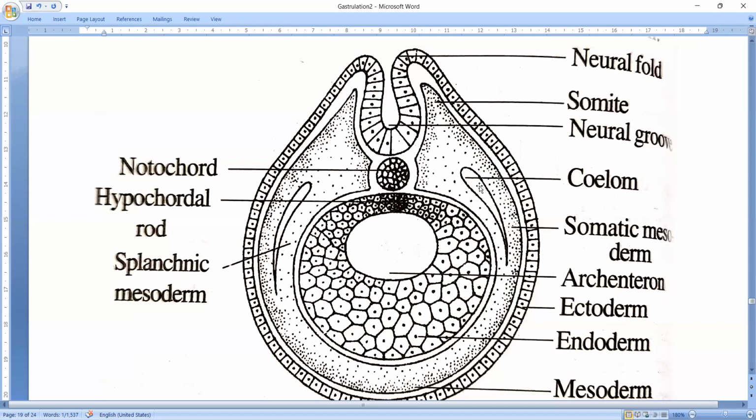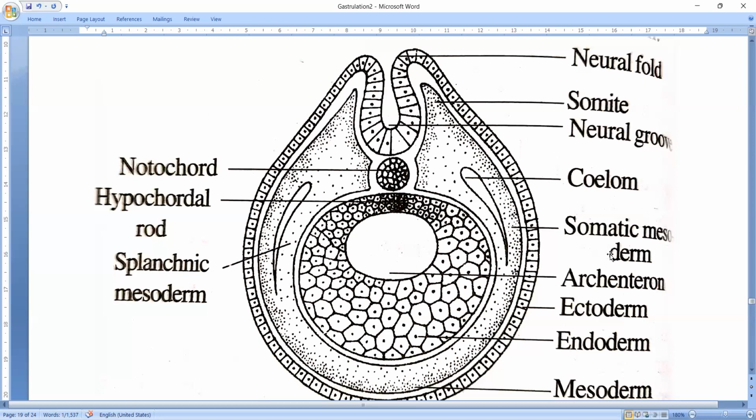Here a small split occurs in the mesoderm to form two layers: the inner splanchnic mesoderm and the outer somatic mesoderm.